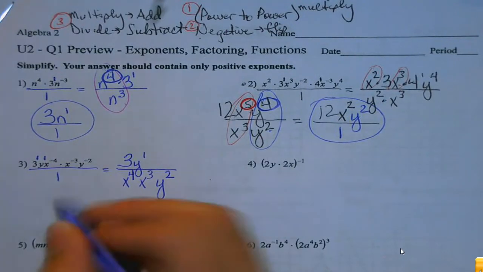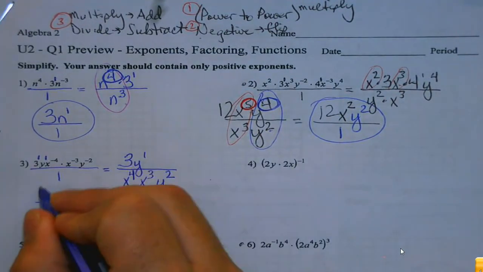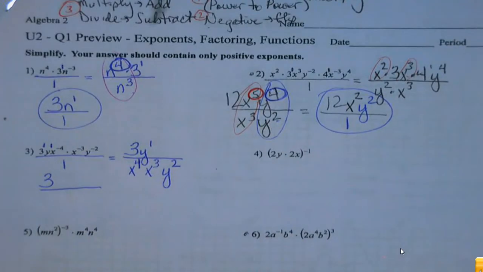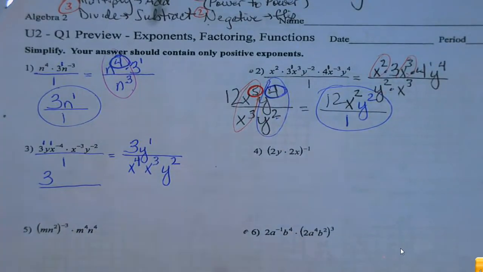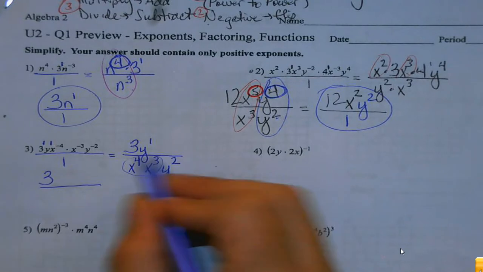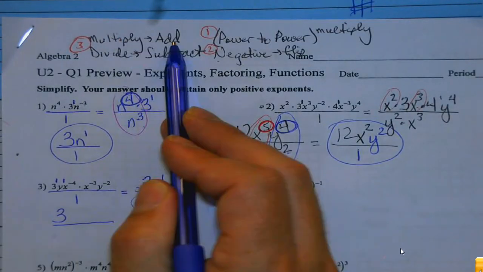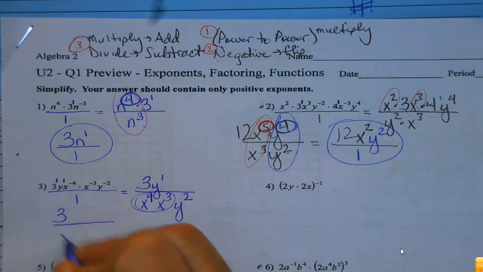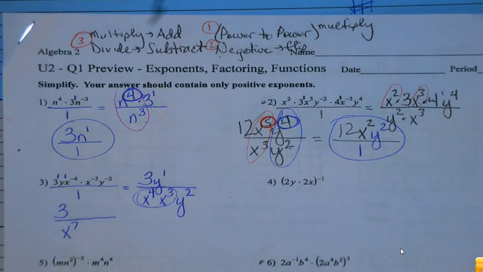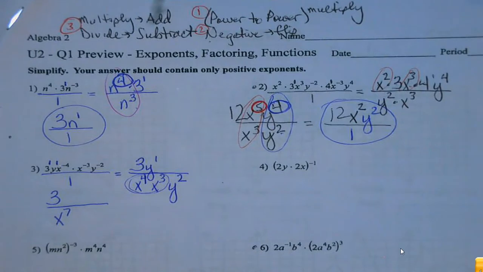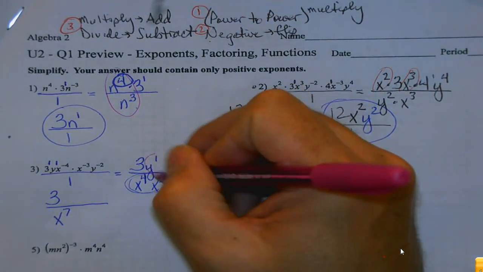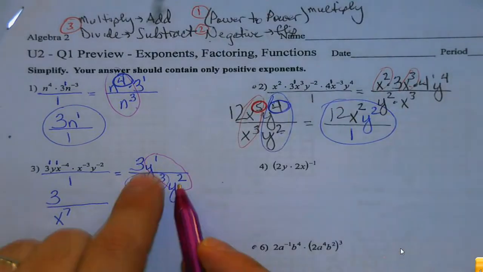So here, okay, 3 is my only coefficient, so it's going to stay right where it's at. My x's are on the same level, so I'm multiplying. I'm going to add their exponents. And notice they're in the denominator. Don't flip them up to the top. There's no reason to. And then my y's, though, we're dividing.